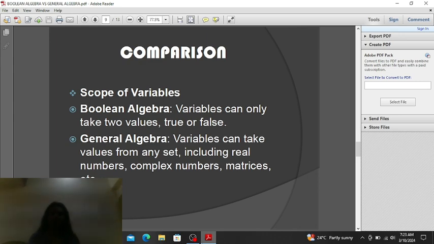In general algebra, variables can take any values from any set, so it can take real numbers, complex numbers, matrices, etc. This is the main difference between Boolean algebra and general algebra.